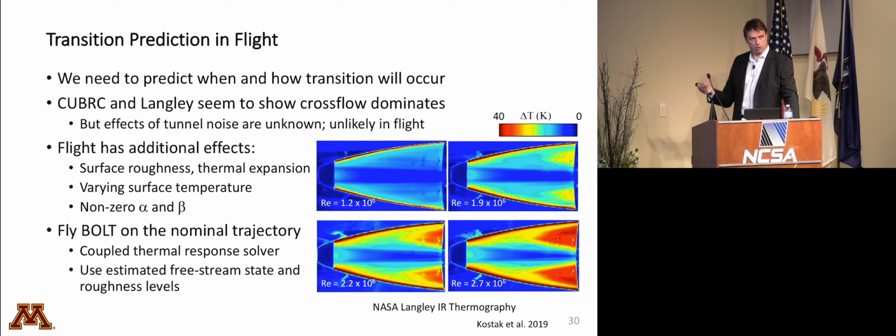But by March 1, we have to come up with a prediction of where transition is going to occur. Which sensor is going to go from laminar to turbulent at what point in the trajectory? So what we're doing now is working to fly BOLT on at least the best guess trajectory and couple it with a thermal response solver and also use estimated free stream disturbance levels and roughness levels in order to attempt to best replicate the actual flight.